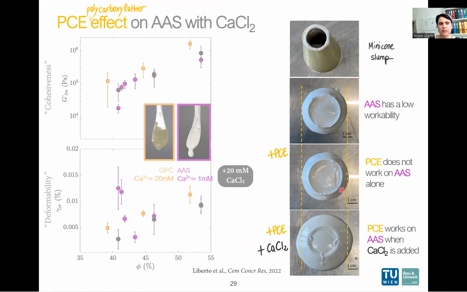If you add PCE, we have no effect. If you add PCE and calcium chloride, you can see that the spread increases. It seems small, but it really changed the workability. So it does not have the same effect as in OPC, but it shows that the key parameter is calcium, and we can detect it with SAOS.